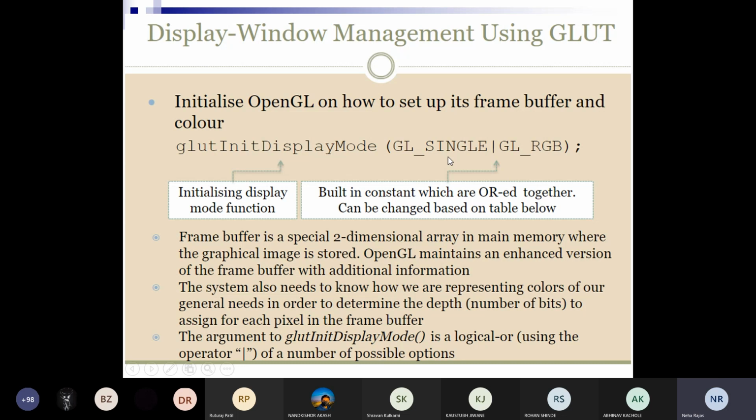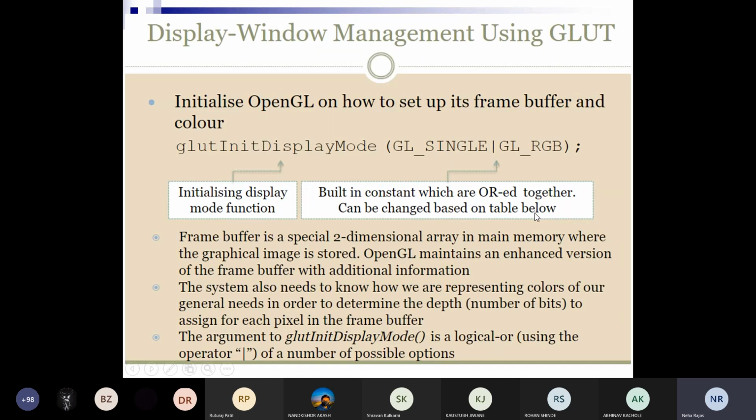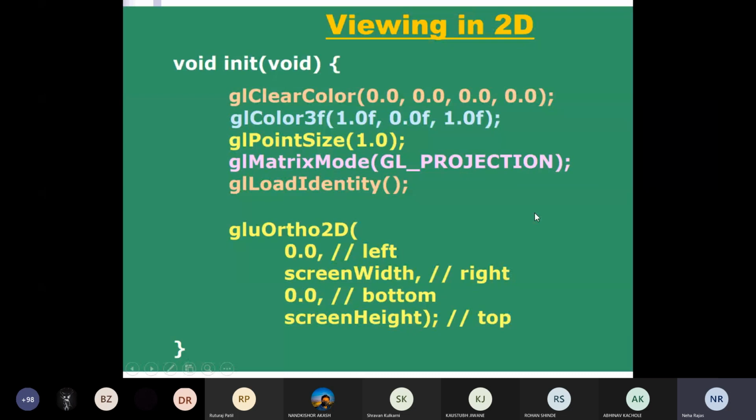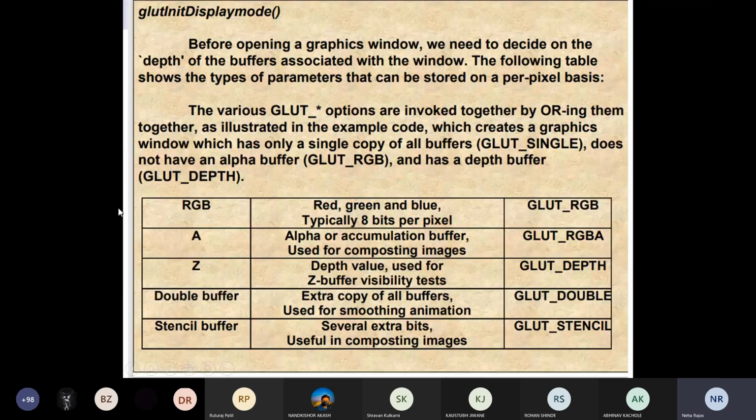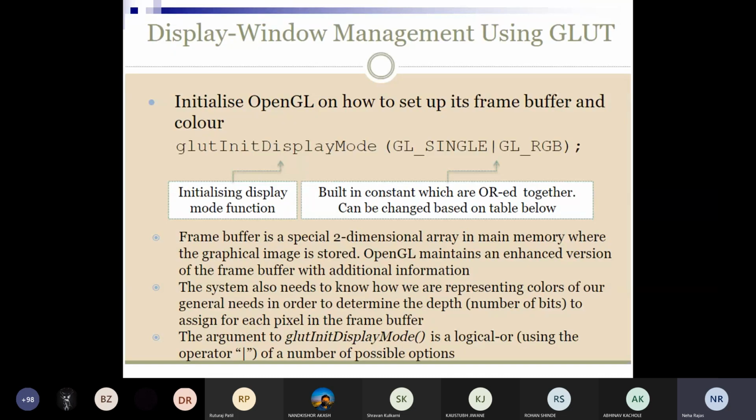You know the OR gate; this is used for ORing the single and RGB together, and can be changed based on the table below. So what is the table below? That given table I told you about, it can be changed by using this table. So we will see what it is.